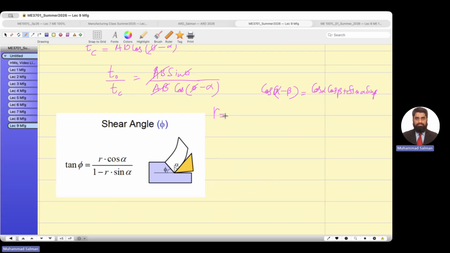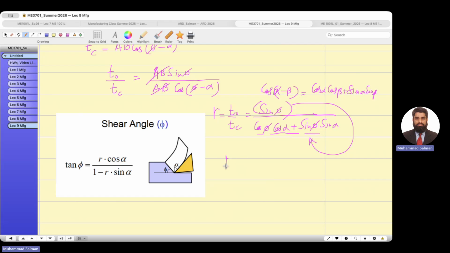So r equals T0 over Tc equals sine phi over cosine phi cosine alpha plus sine phi sine alpha. And then what you can do here is bring this sine phi under this one.